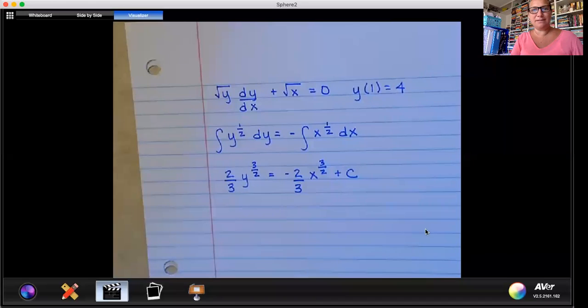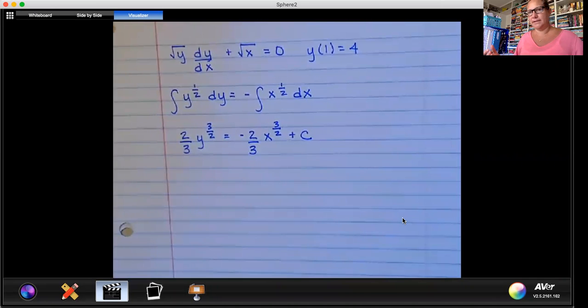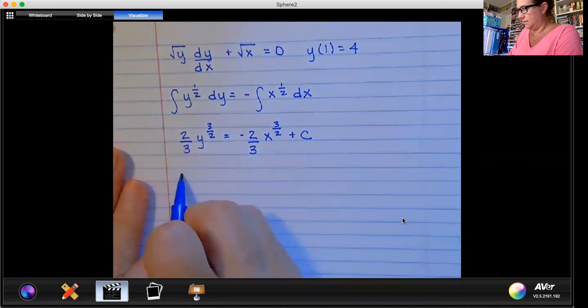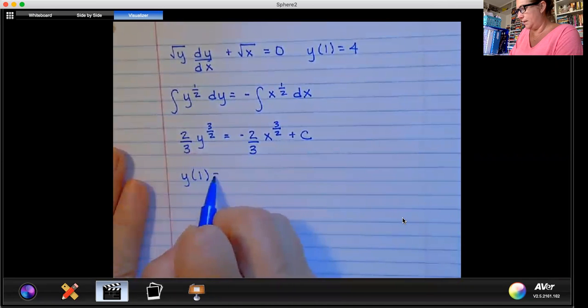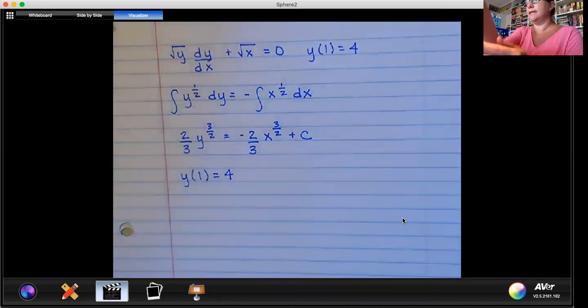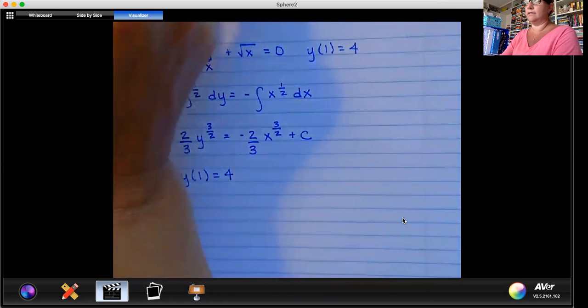I realized when I went to do my substitution that I was substituting into the wrong place. So what I've done is kind of started the process over. So if you want to pause and do it on notebook paper, that's perfectly fine. So this is the point at which I want to find y of 1 equal to 4.